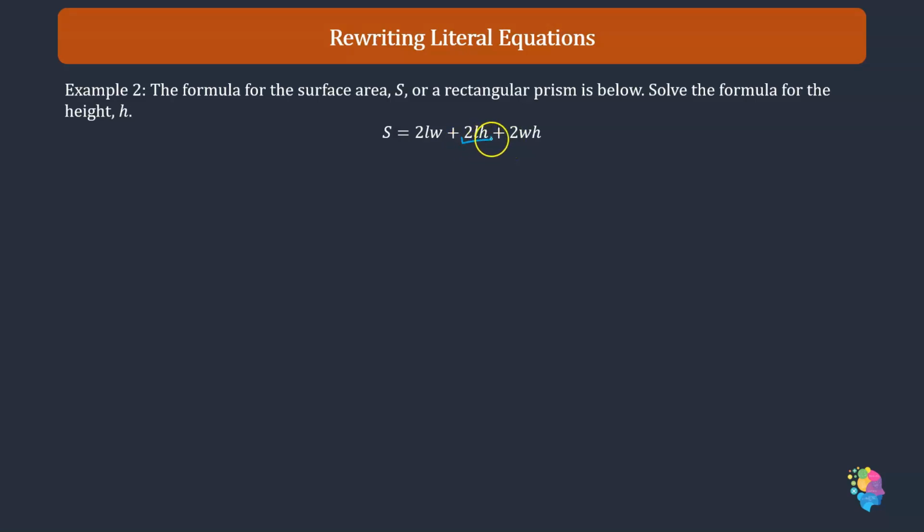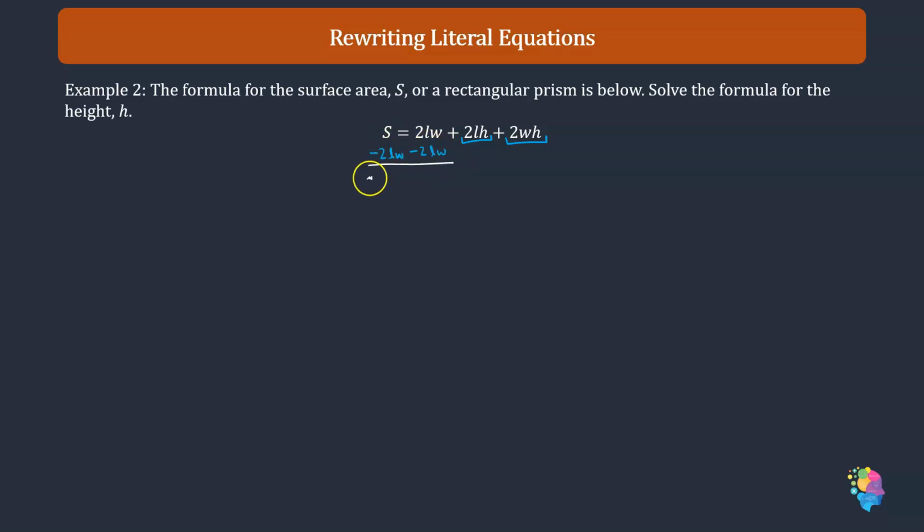So these two terms have h's. This first term doesn't, so I can move that one because it doesn't have an h. This is addition, so I'm going to subtract.